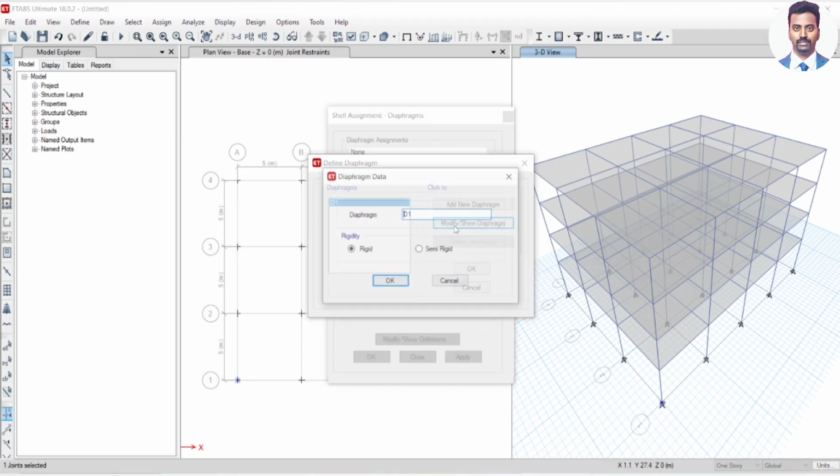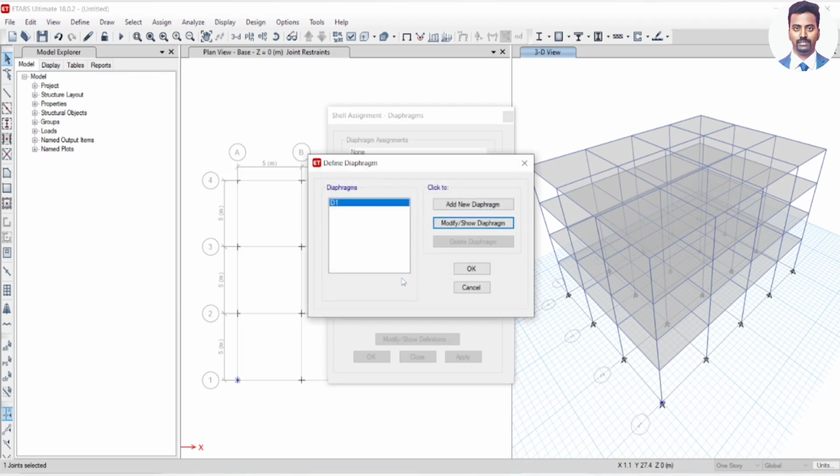So let us provide a rigid diaphragm, because in the problem we will be assigning the slab as infinitely rigid, even though we have considered it as a membrane here. If you are doing this, you have to take it rigid or semi-rigid according to the stiffness.